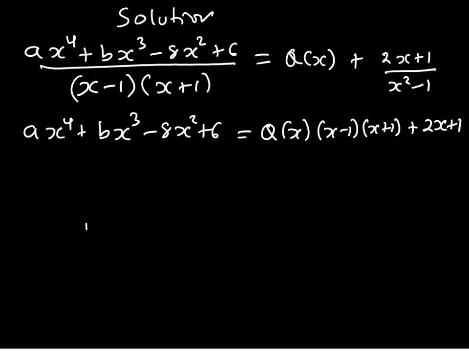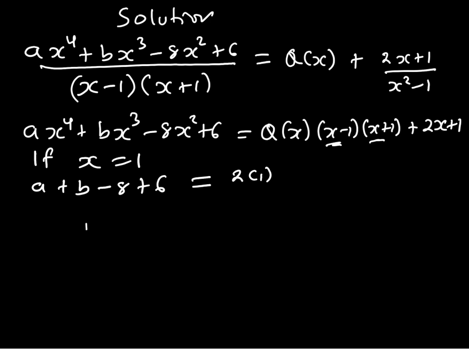All right, so what do we do? Now here we try to see some of the x values that will make one of these brackets 0. So if x equals 1, then I have a plus b minus 8 plus 6 is equal to 2 into 1 plus 1, and I think that is just 3.